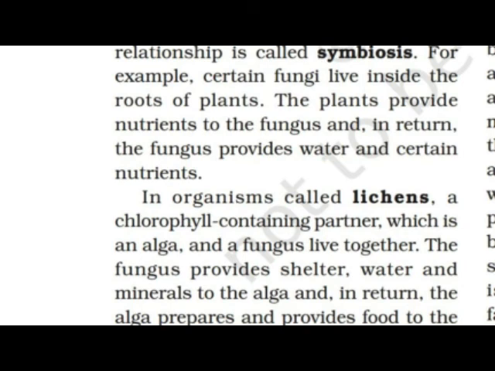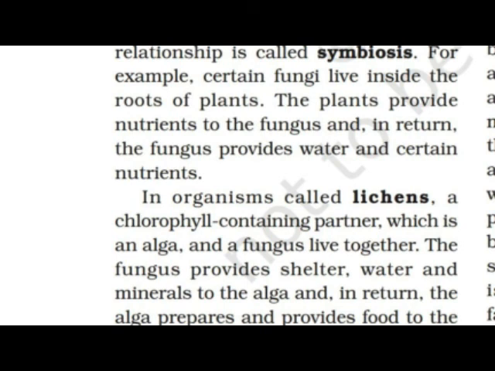Here we can prepare the question: give an example of symbiotic relationship. Now the answer that I am going to tell: in an organism called lichens, a chlorophyll-containing partner, which is an alga, and the fungus live together.